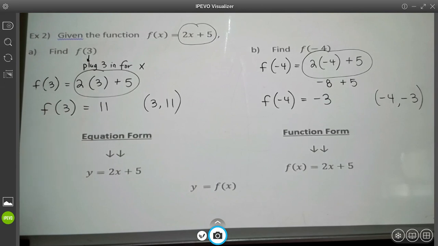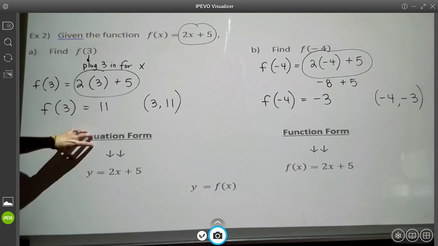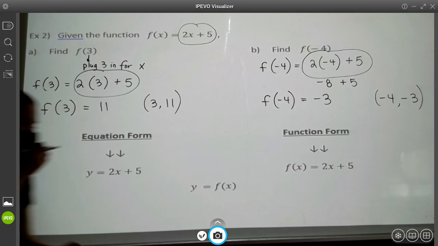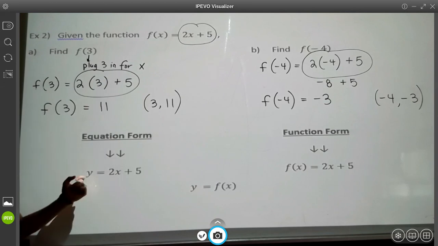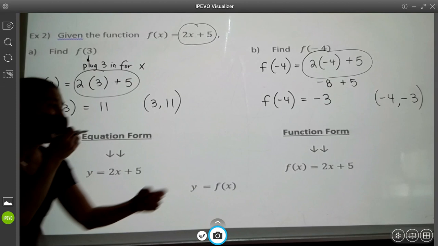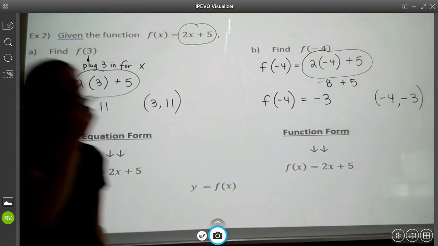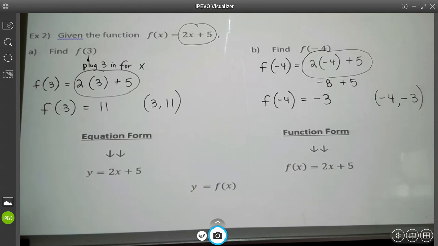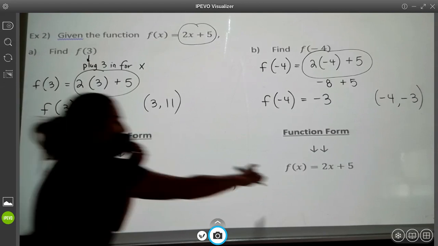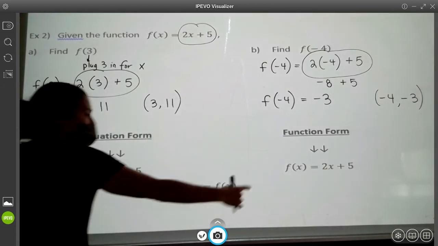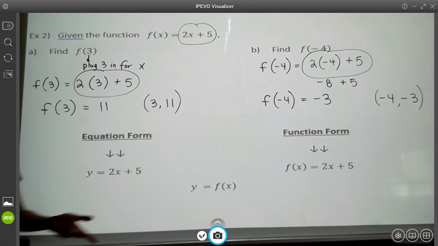All right, so that's the only difference. That's the way it's written, but it's still just plugging stuff in, whether you're using an equation or a function. So an equation looked like this: y equals 2x plus 5. A function looks like this: f of x equals 2x plus 5. So if you're one of those students, you're like, I hate this function stuff, it just always throws me off. Just know that if y equals this and f of x equals that, well then guess what, y and f of x are the same thing, guys.